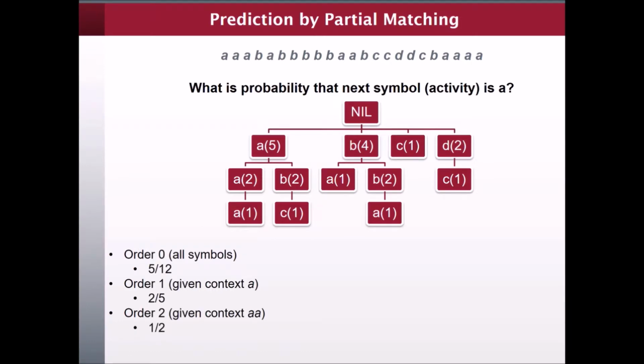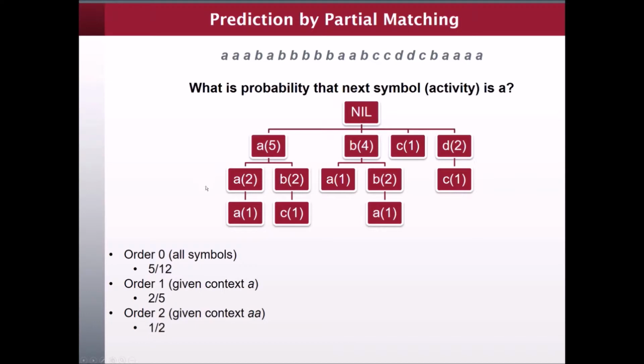If we consider all these phrase sizes, or what is typically referred to as an order, we can consider the probability of the next symbol being an A. Order 0, or length 0, or this first level in the tree, we have 5 plus 9 plus 1 plus 2, or 12 possibilities, 12 phrases of size 1 that we have seen. And of those 12, 5 of them have been A's. So if we're considering a phrase of length 1 symbol, the probability that it would be an A is 5 out of 12.